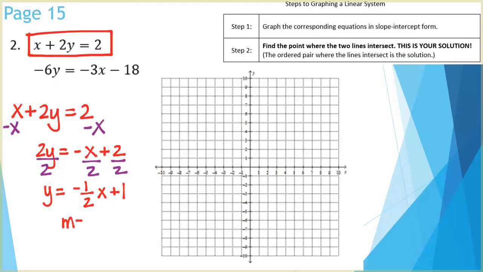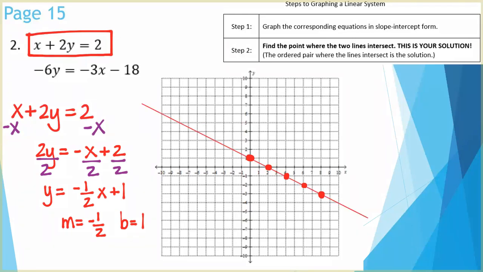So my slope is -1/2, and my y-intercept is 1. I'm going to put my point at the 1, then I'm going down 1 to the right 2, down 1 to the right 2. Trying to get a straight line here on my iPad. Oh, that was pretty good.